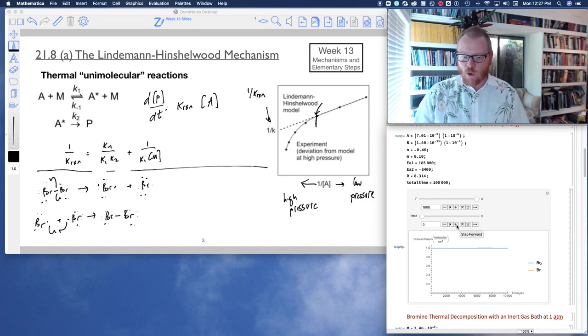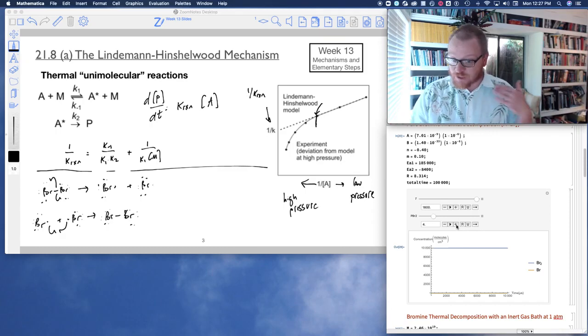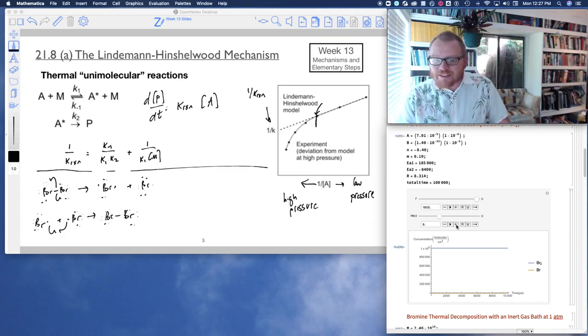But now check it out. When I go up a power of 1, I have 10 molecules per cubic centimeter, now 100, now 1,000, now 10,000, and so on. And you can see even at 1800 Kelvin, to get these bromines to start reacting over a fairly quick period of time, 0.01 seconds, I've got to crank this up.